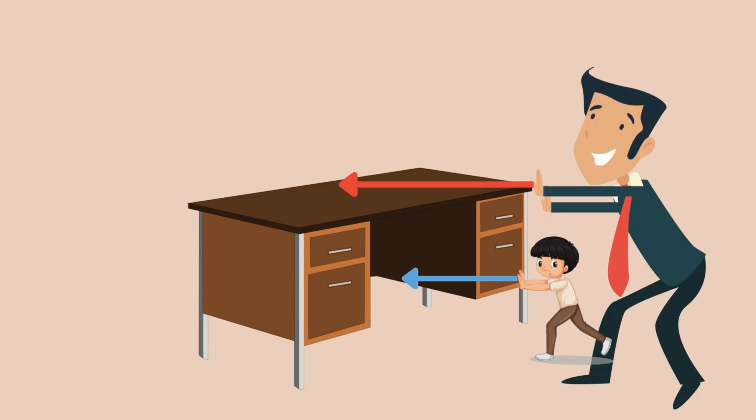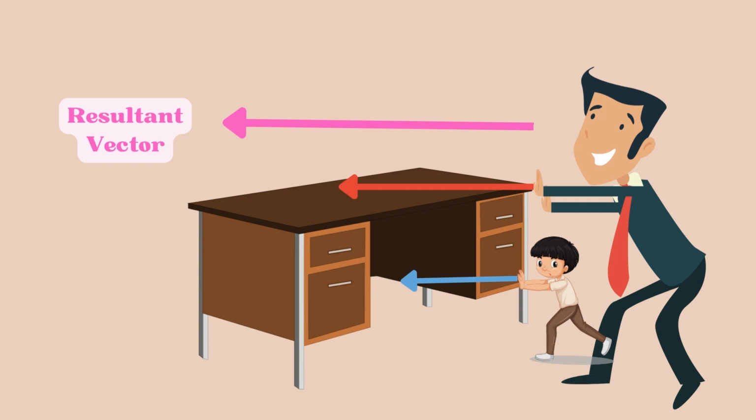But if you had another person exerting a larger force, which refers to magnitude, in the same direction, then you would have to add these two forces. So you need some type of vector addition rule here. You would add these forces, and this would be the overall force that the table would experience, right?